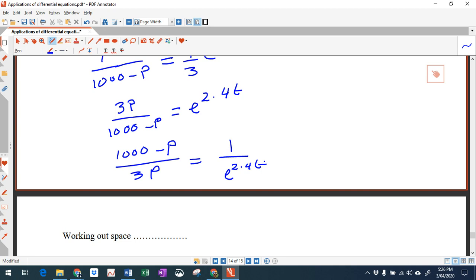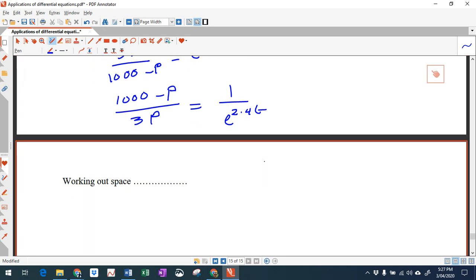All right, so the next thing we can do is we can get our negative power, because we can say this is 1000 minus P over 3P equals E to the minus 2.4T.